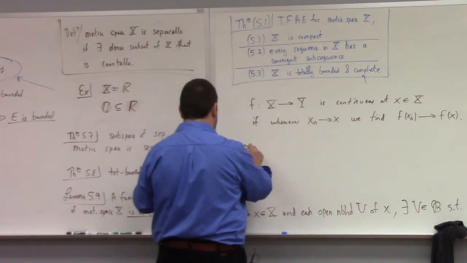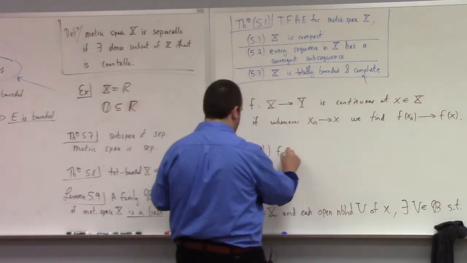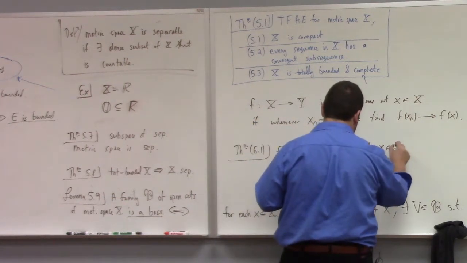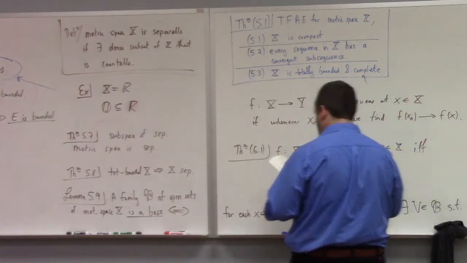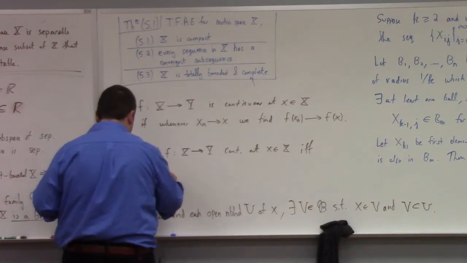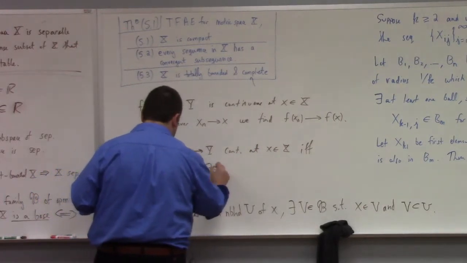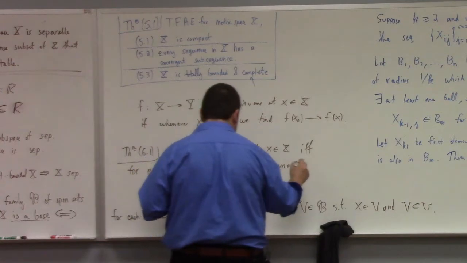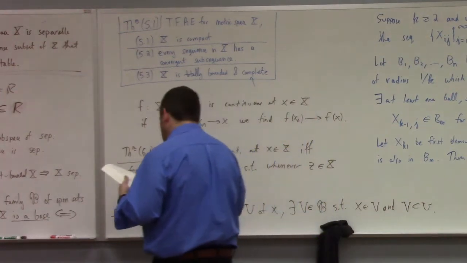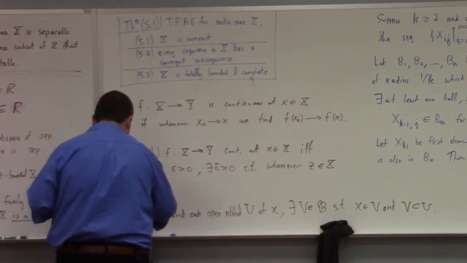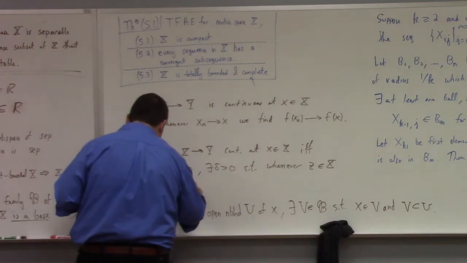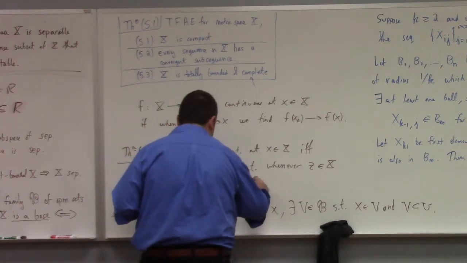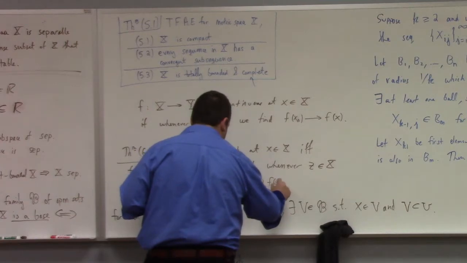So theorem 6.1 says that f from X to Y is continuous at x in X if and only if for each epsilon greater than 0, there exists delta greater than 0 such that whenever z in X satisfies that the distance from x to z is less than delta, then rho of f of x comma f of z is less than epsilon.